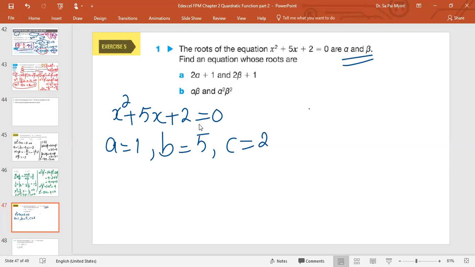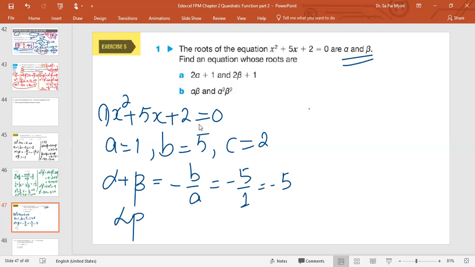The 2 solutions are alpha and beta. First the sum, alpha plus beta. What do you get? Negative b over a. Negative b is negative 5, a is 1, so negative 5.